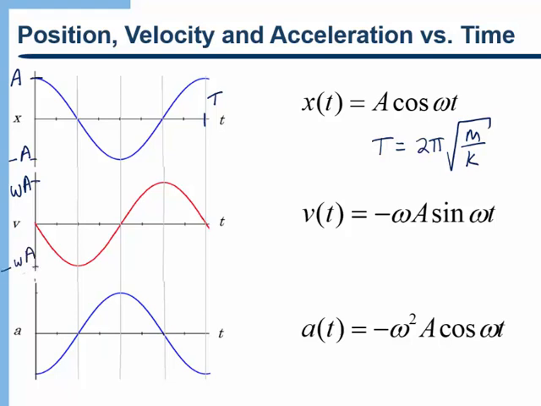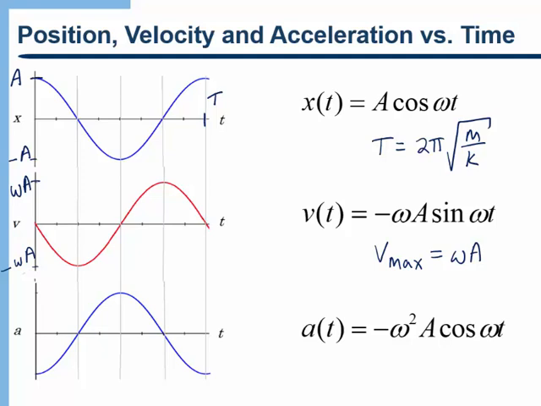Those are important to remember because in some problems you'll be given the maximum velocity or the maximum acceleration. So notice that since sine just oscillates between 1 and negative 1, the biggest that v can ever be is just ωA. And so that corresponds with the way we've labeled our graph.